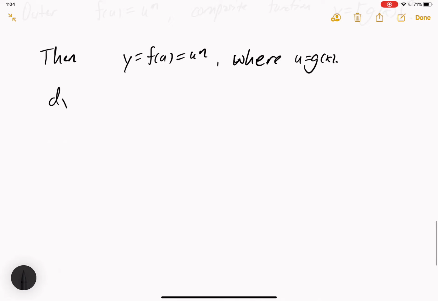If you remember the Leibniz notation, the dy dx notation we were talking about, this was equal to dy du times du dx. And remember what we said about dy du? That's just the derivative of y with respect to u. This is just a power rule: y is u to the n, so bring down that exponent and subtract 1, then times du dx.